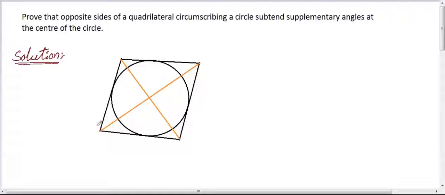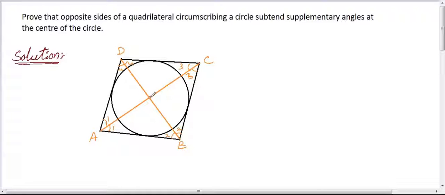Let ABCD be the quadrilateral, and in angle A we have two angles. Let those angles be 1. In angle B, let the angles be 2, and in C, let the angles be 3, and let the angles of D be 4.